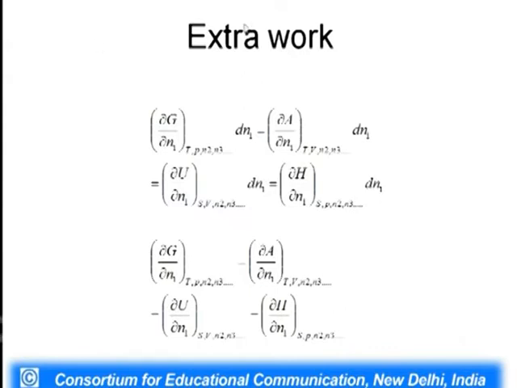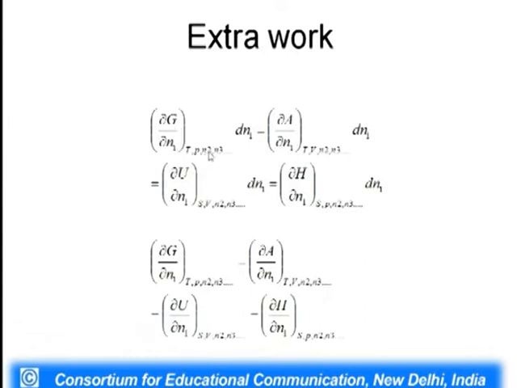Since the dN2 will be an independent term, we can simply write that these 4 terms should be equal.